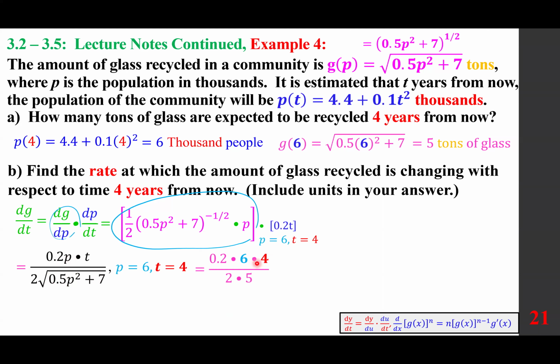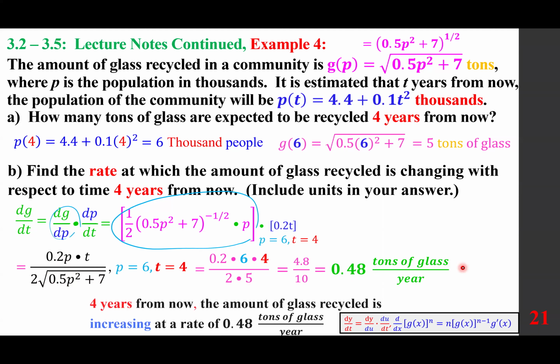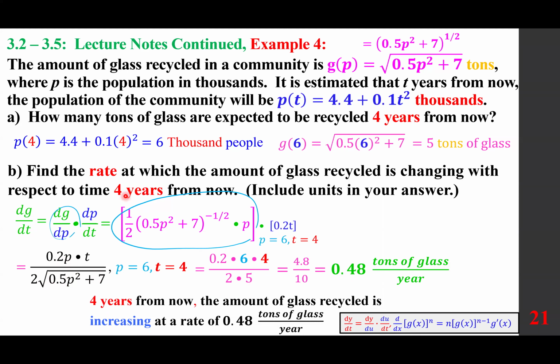The numerator, 4.8 divided by 10, or 0.48. dG/dt, units of the G over the units of the t, tons of glass per year, which means 4 years from now, the amount of glass recycled is increasing at a rate of 0.48 tons of glass per year.